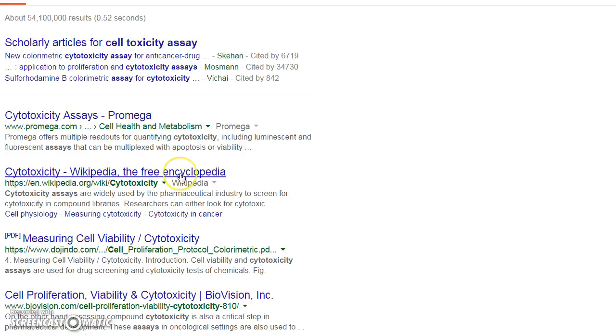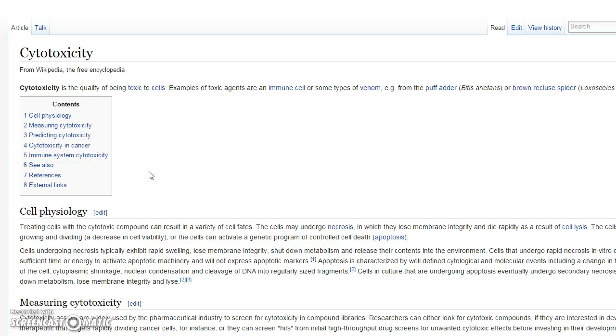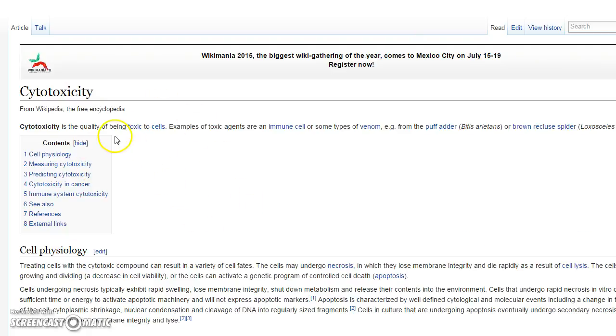So now we know this is in pharmaceutical development. Let's check to see further details. Sorry, my internet's running a little slow.